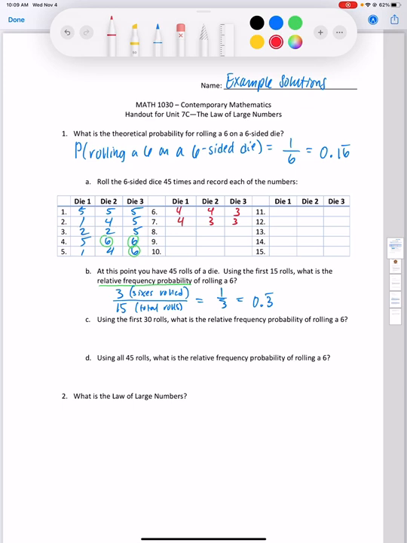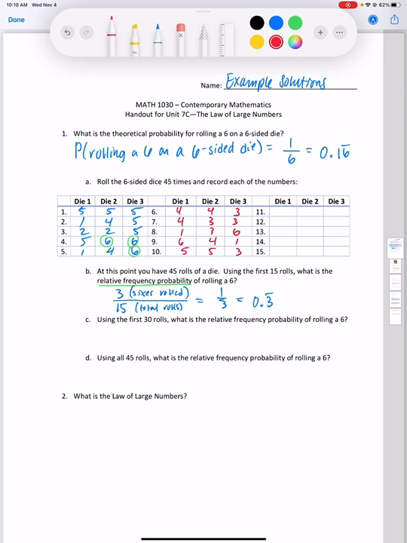We have 6, 1, 3. We have 6, 4, 1. And we have 5, 5, 3. Okay, let's take a look at how many more we have.